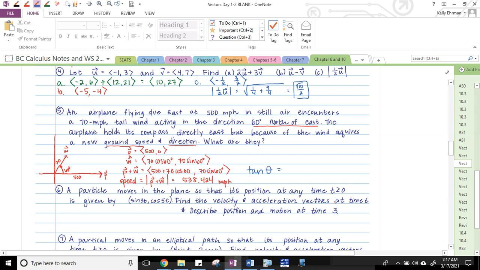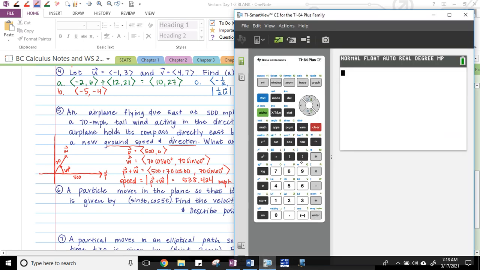Tangent of theta would equal the y component over the x component, right? So it's going to be 70 sine of 60 over 500 plus 70 cosine of 60. So theta is about equal to something.